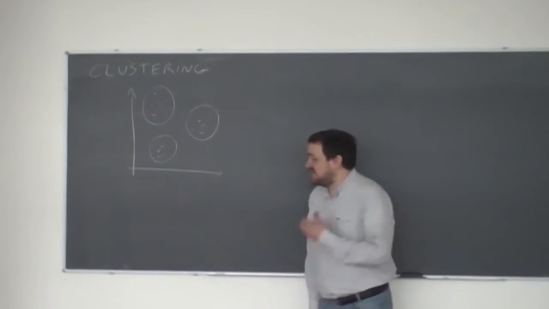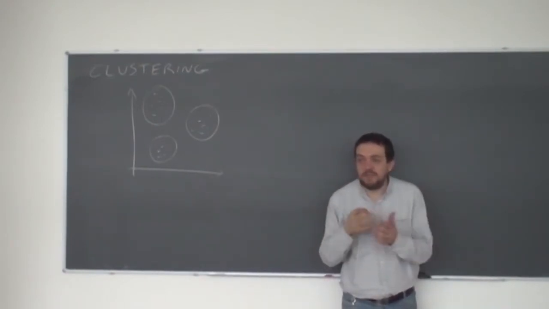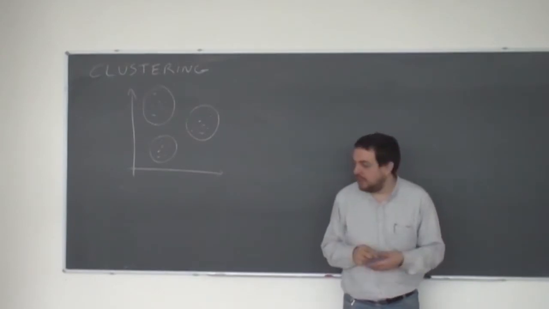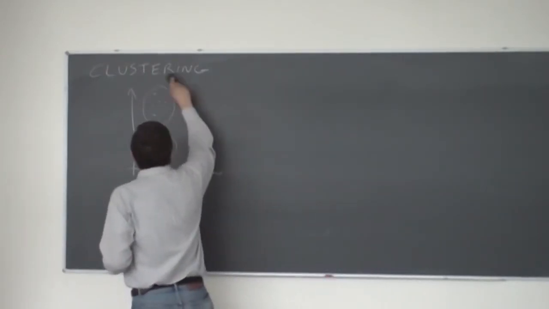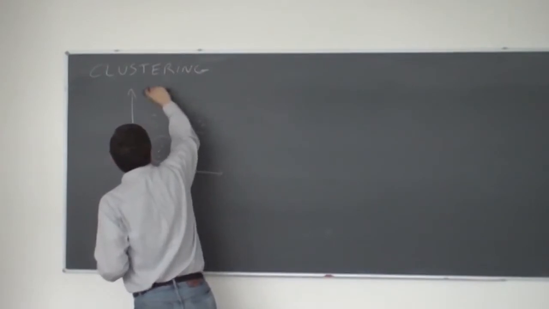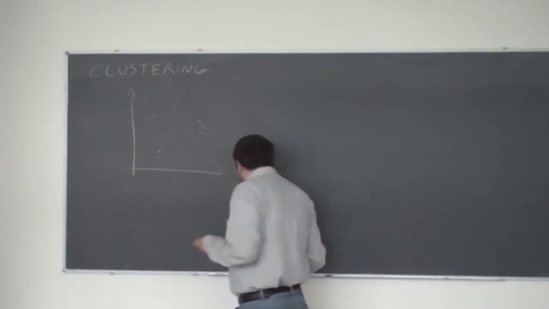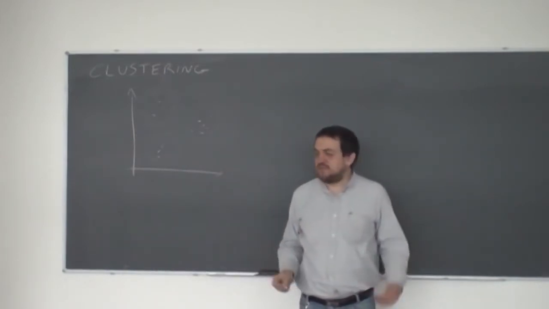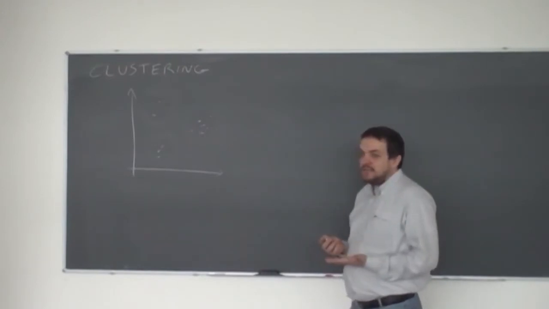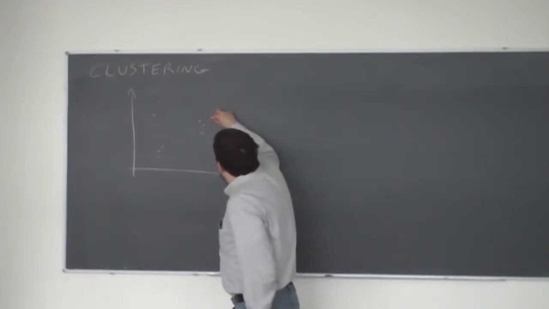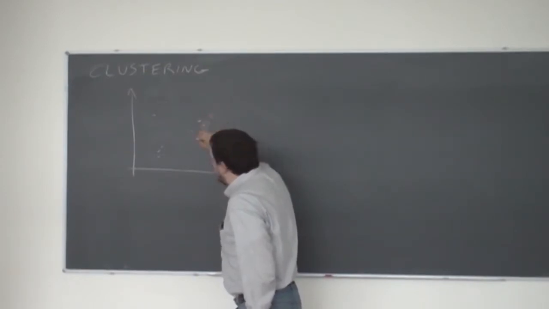For example, if I just say, okay, I define a cluster as a set of very similar items, then maybe the best I can do based on this definition, so just saying that a cluster is made of very similar items, is okay, I take every item as a separate cluster.